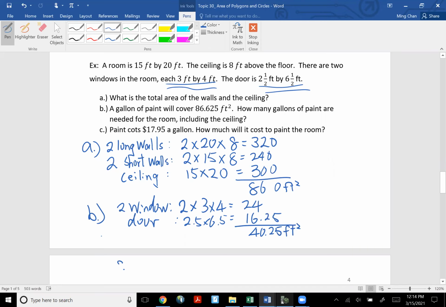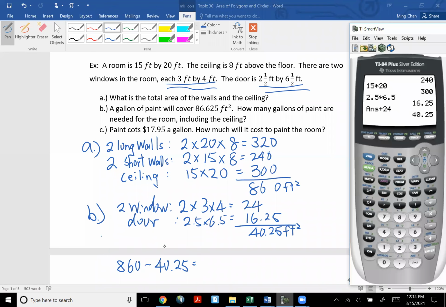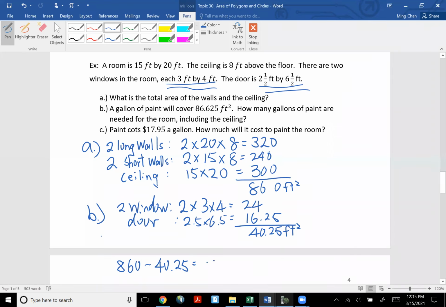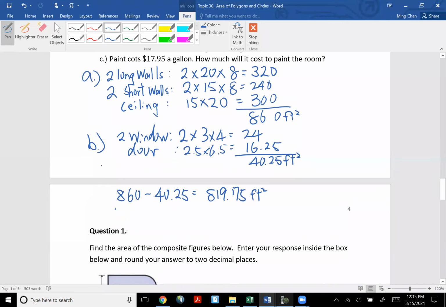Okay. So I need to take the entire 860 minus the 40.25. So that will tell me exactly the area I need to paint. That'll be 819.75. All right, so there are 819.75 square feet I need to paint.